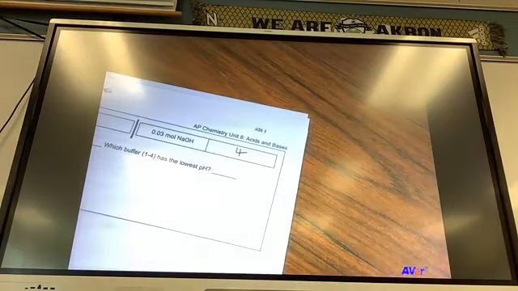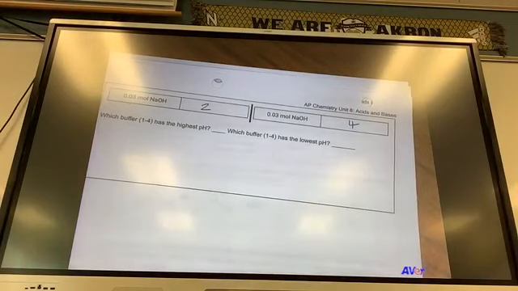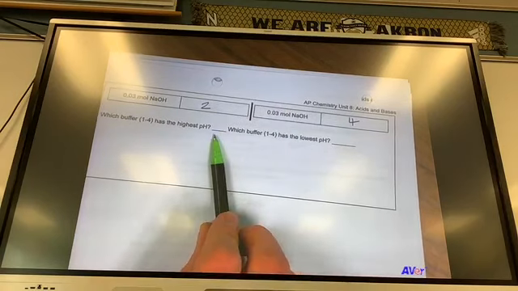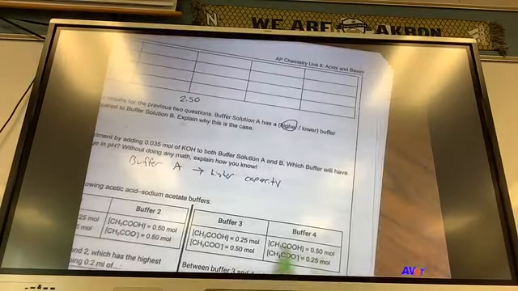Out of these three buffers, which one has the highest pH? Which ones can you immediately get rid of? 1 and 2. What is their pH? 7, right? Those are neutralized. First, which has the highest pH? 4, because buffer 4 has the most protonated.